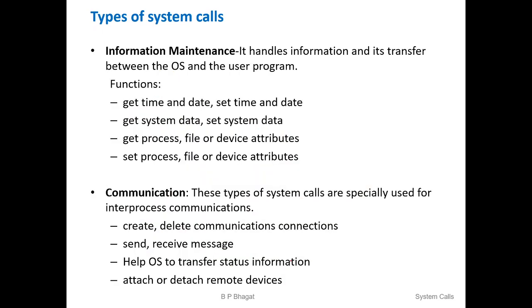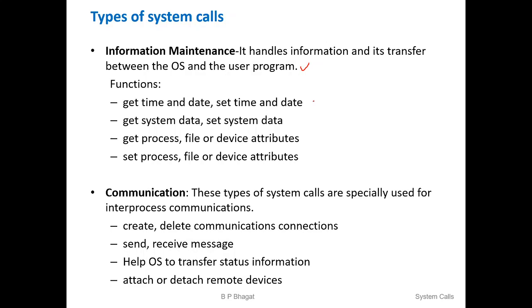In information maintenance, it handles information and its transfer between the operating system and the user program. So whatever additional information exists may be related to the system, that is the current date and time.